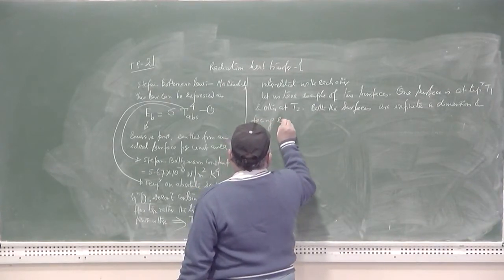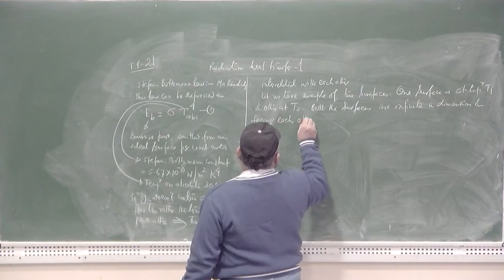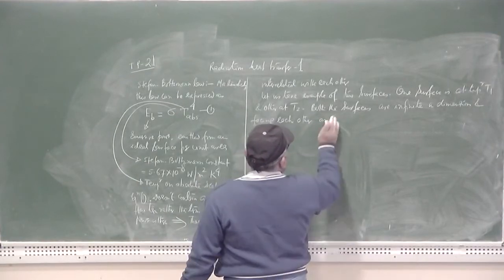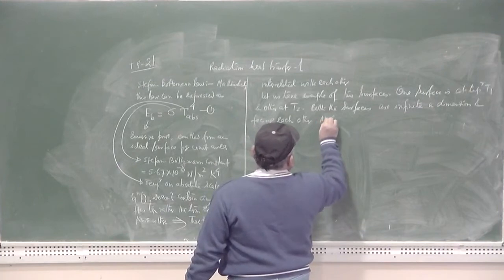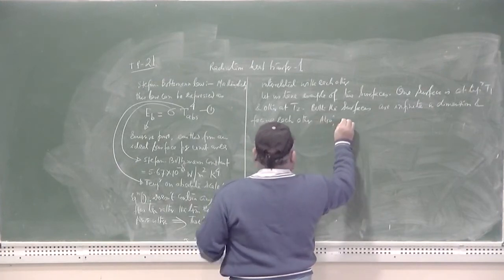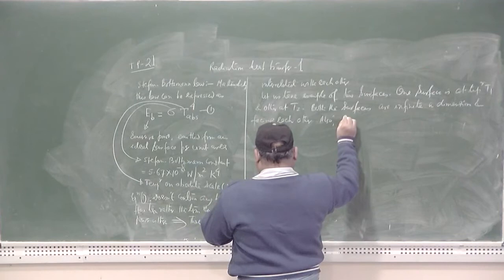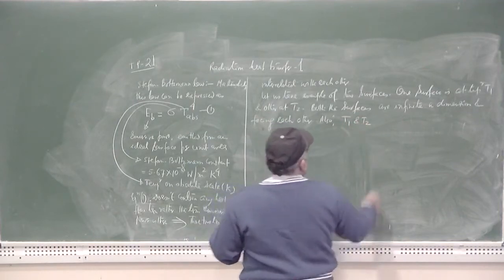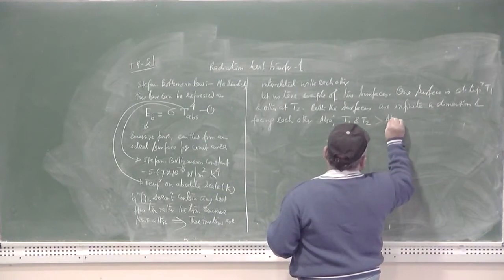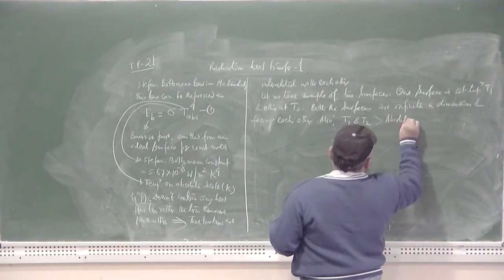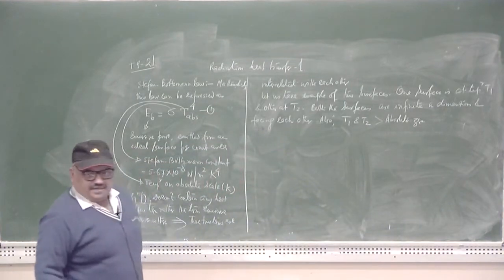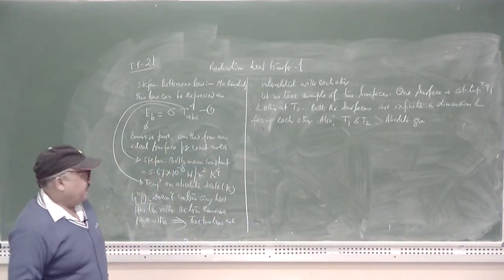And also let us suppose T1 and T2 are greater than absolute 0. That means none of the temperatures is equal to absolute 0.